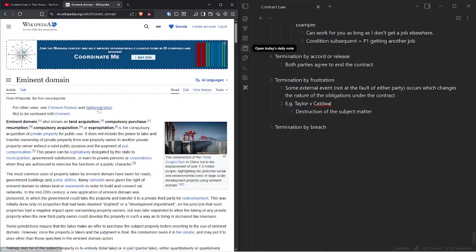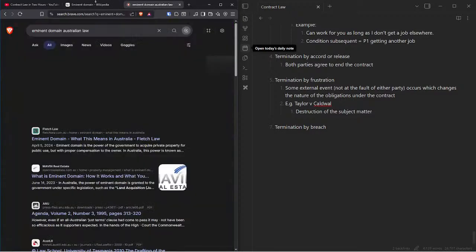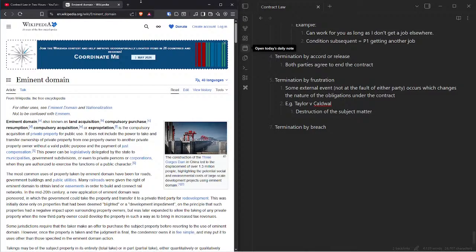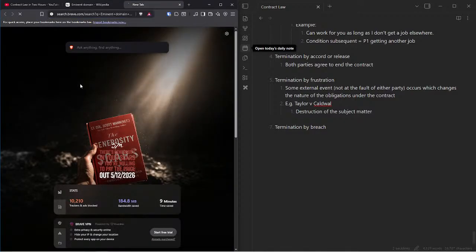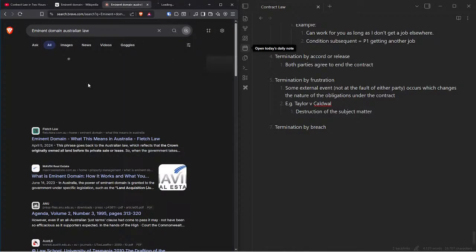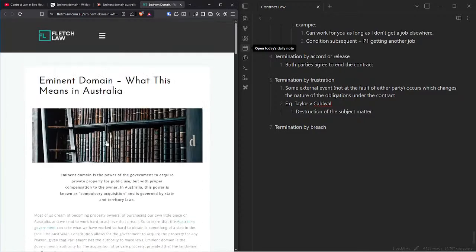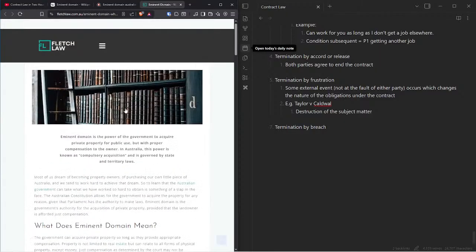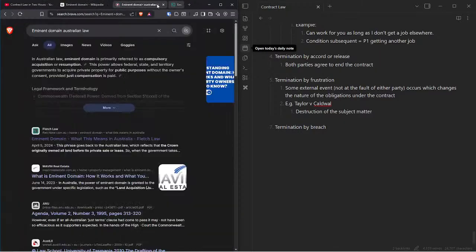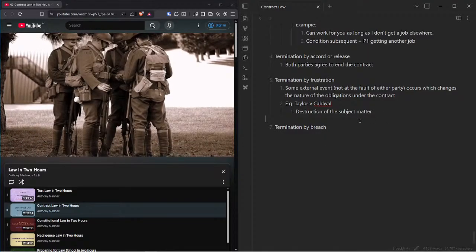Do we have this in Australia? Eminent domain, Australian law. Whoops, I meant to close this one, not the other one. Seems like we have some sort of version. Okay. Neither party's fault, and the contract became impossible to perform.